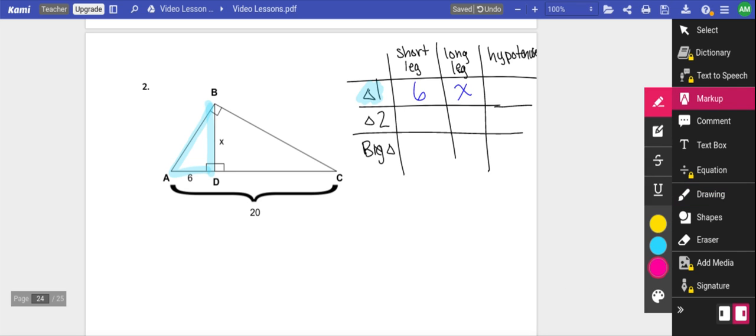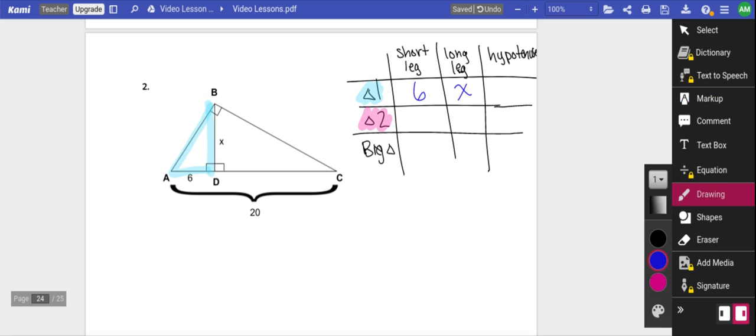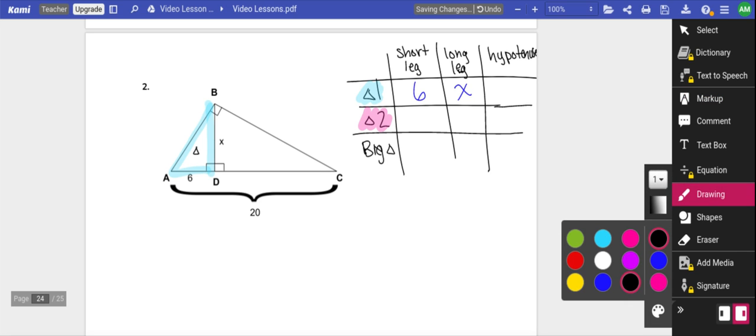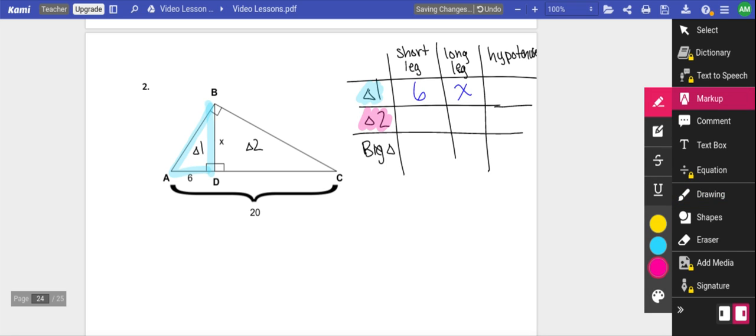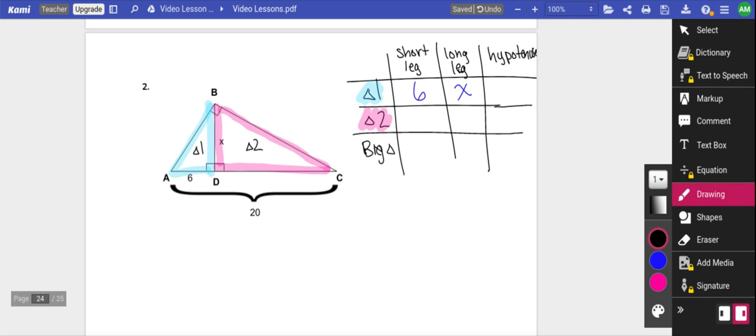Next, we look at triangle 2, which I'm going to use as this triangle. By the way, guys, it doesn't really matter which one is which. Triangle 1 or 2 does not matter. But looking at triangle 2 in pink, is the shorter leg labeled? It is. It's labeled with an x. Is the longer leg labeled?